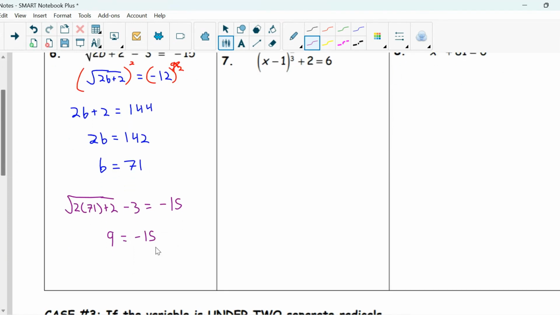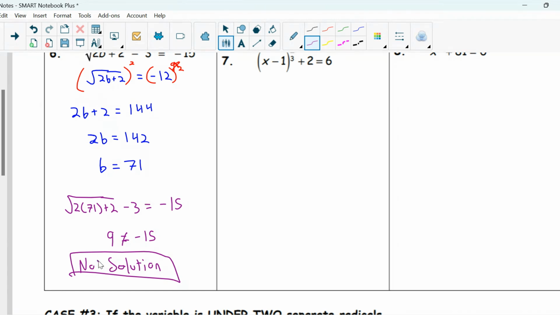Obviously, this is not a true solution. So ultimately, I'm just going to write no solution. Okay? So it's super important that you guys check your answers every single time you're solving a radical, because no real solution is definitely a possibility.